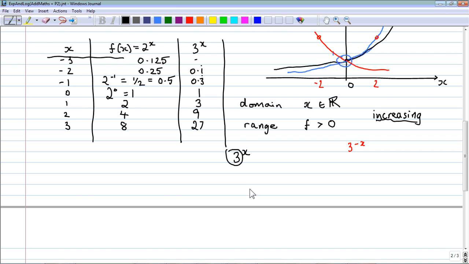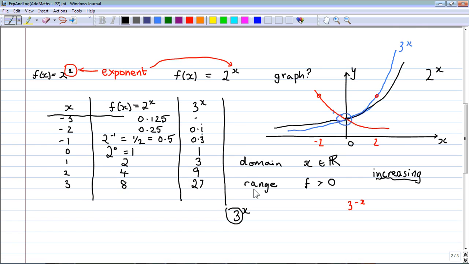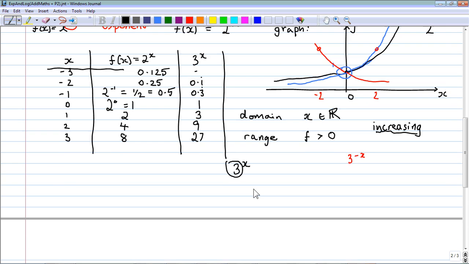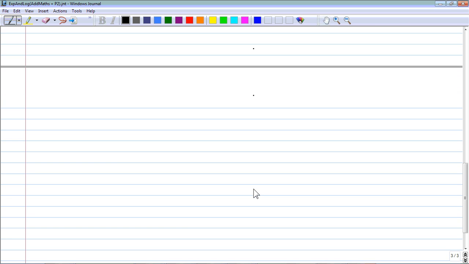Okay, so what is a logarithmic function? Well, a logarithmic function is just the inverse. Okay, log, let's say, base 2 of x is the inverse function of 2 to the power x.